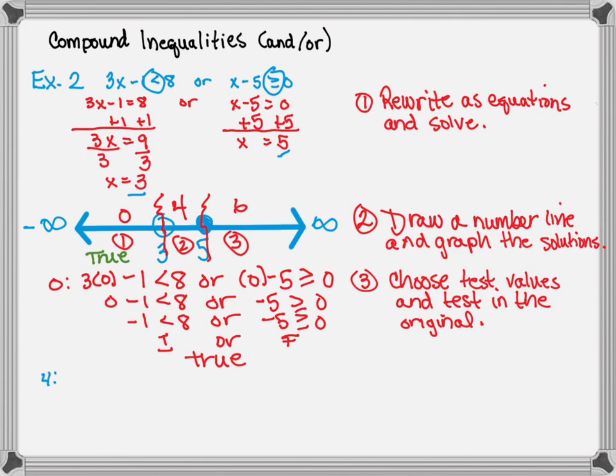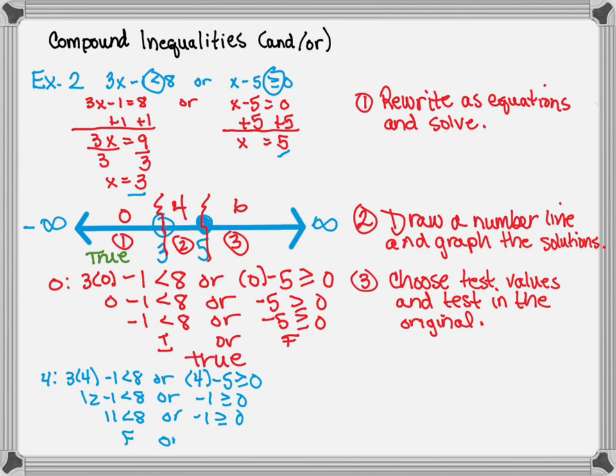Let's test the 4. Substituting in 3 times 4 minus 1 less than 8, or 4 minus 5 is greater than or equal to 0. 12 minus 1 less than 8, or 4 minus 5 is negative 1, greater than or equal to 0. 12 minus 1 is 11, so I have 11 less than 8, or negative 1 greater than or equal to 0. 11 is not less than 8, that is false.